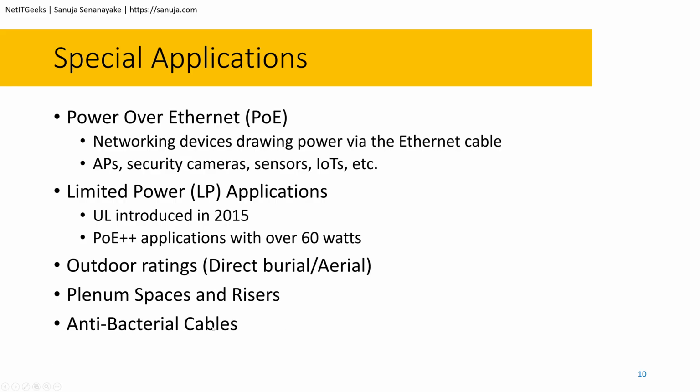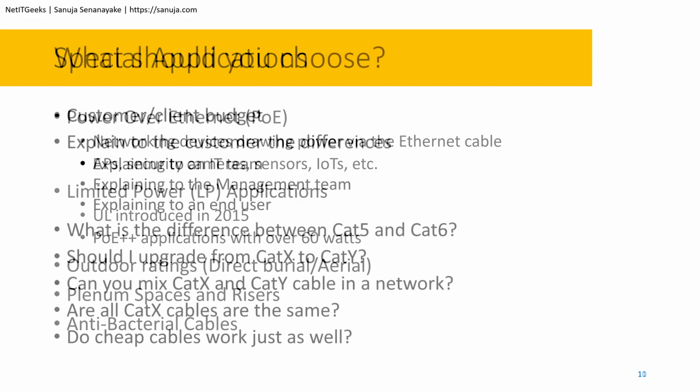But with the specialized antibacterial cables designed to be used in this kind of environment, you can keep using the chemicals to clean the cable, and the cable jacket will not degrade. So that's why we have these specialized antibacterial cables. Again, as an IT professional, as a technician, as a network cable installer, you need to discuss this with your customer and use it accordingly. So keep that in mind.